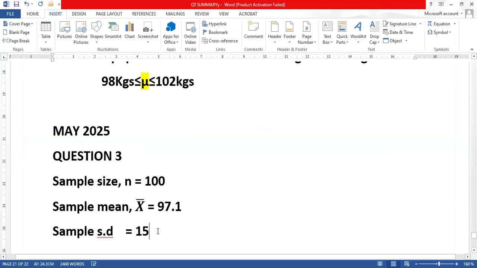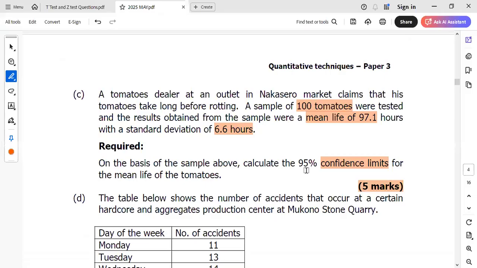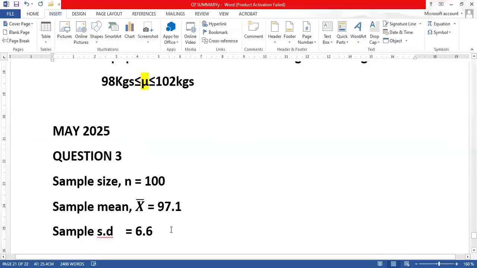Then the sample standard deviation given is 6.6. What else do you need? The basis is 95%. That is your basis. These are hours.